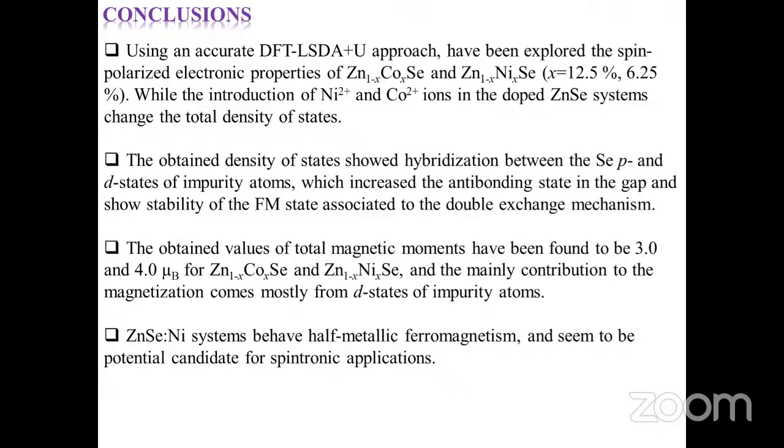Nickel doped zinc selenide systems show half metallic ferromagnetism and seem to be potential candidates for spintronic materials, but cobalt doped zinc selenide systems have a semiconductive nature, and cobalt doped zinc selenide is a promising material for electronic devices.